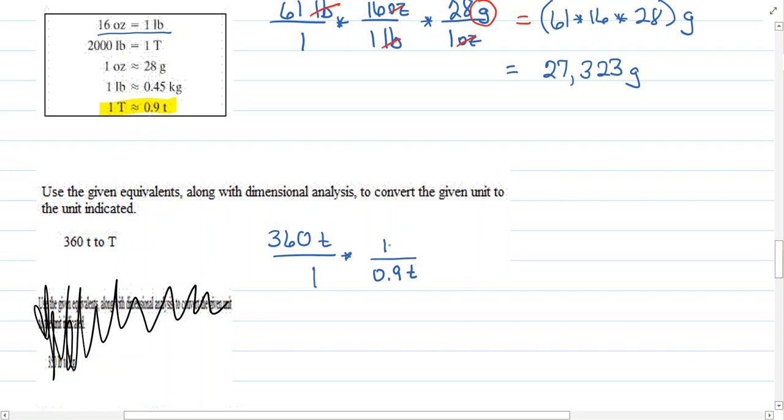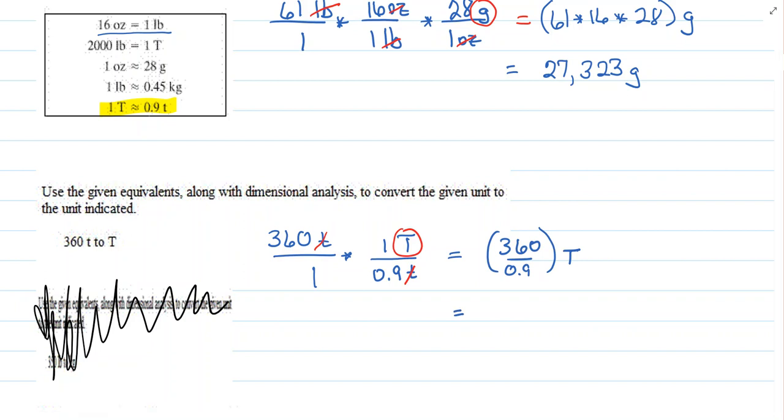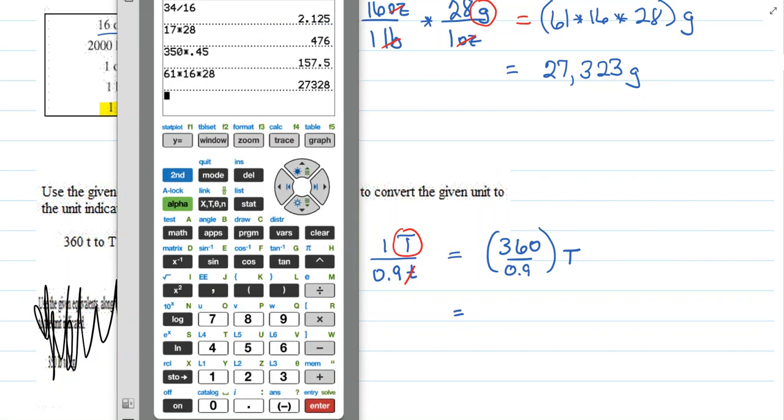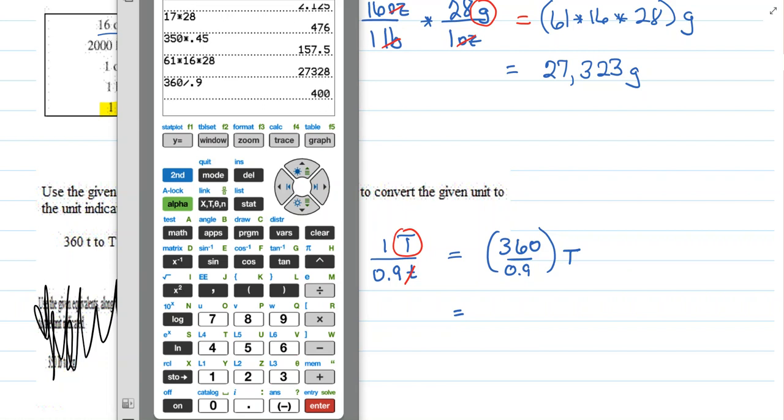Over 1 ton. All right. So my metric t cancels, and I'm left with tons in our American weight. So I have the 360 divided by 9/10 T's. Now it's my calculator. And I get 400 tons.